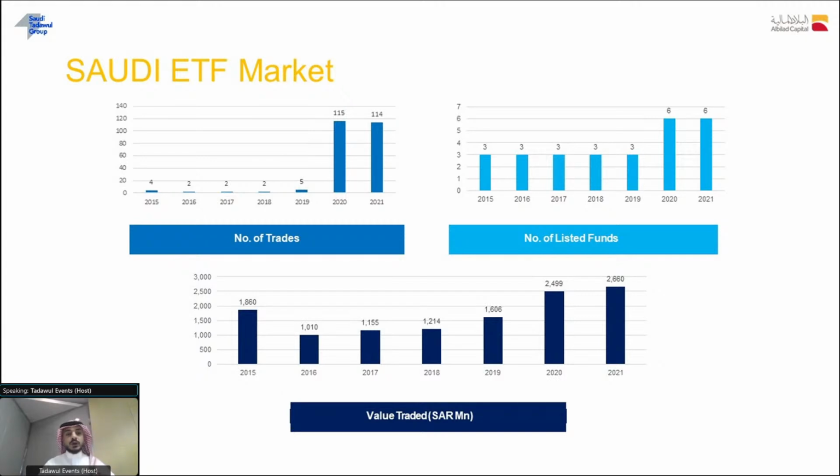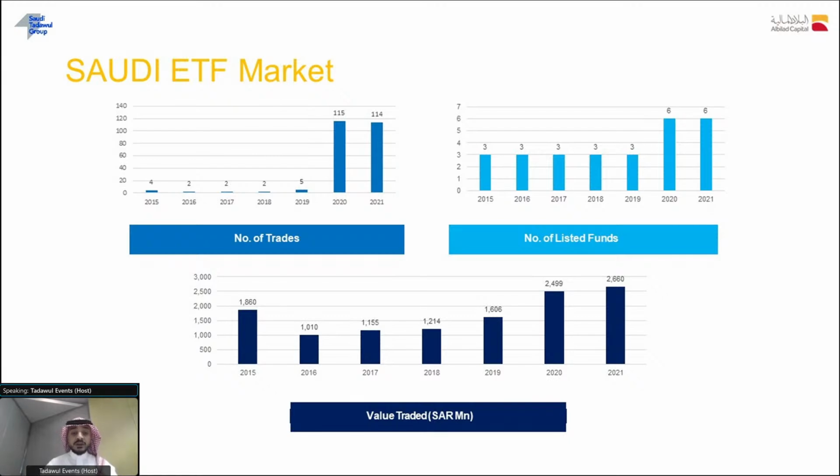We wanted to give you an idea of where to find ETFs in the Saudi exchange, whether you are a retail investor, an institutional investor, a company, or a portfolio manager. If you have a mandate to invest only in listed Saudi securities or Saudi funds, or you don't want to invest abroad, on our website, if you go to the markets tab, you will find an ETFs page.